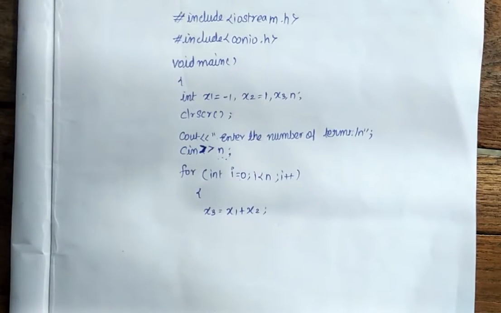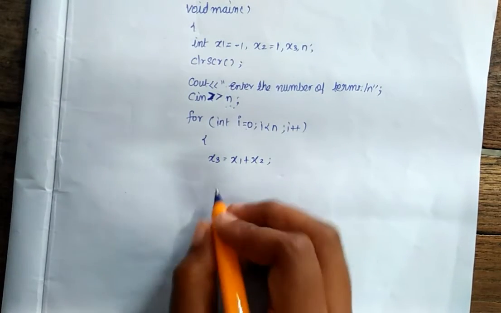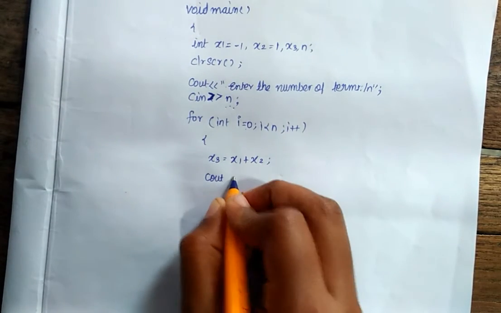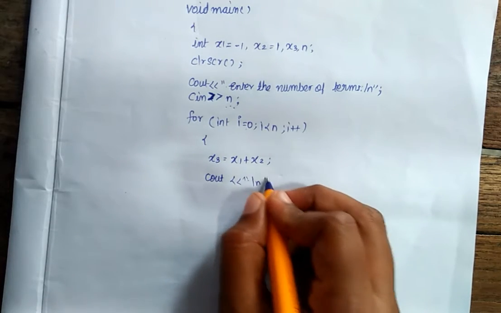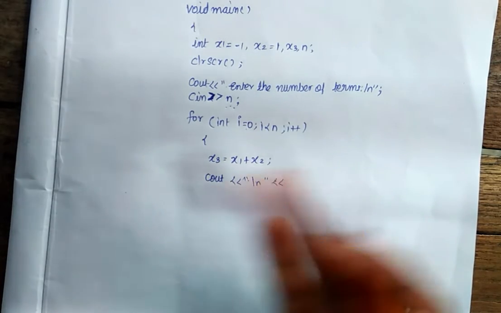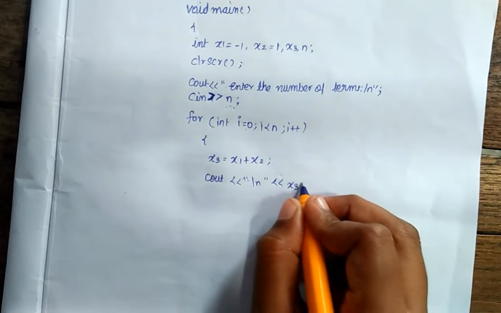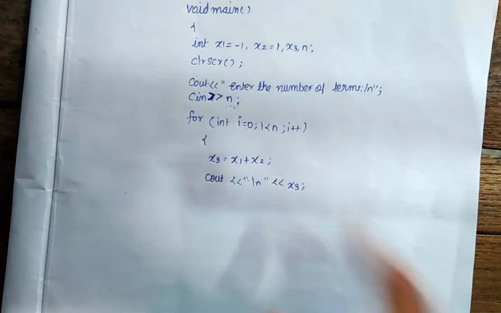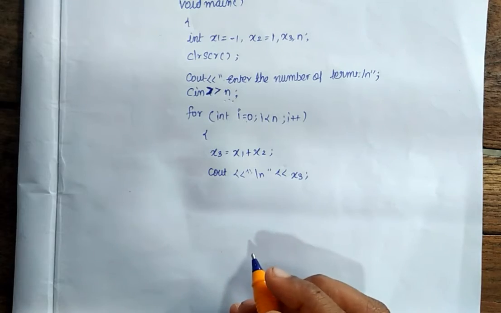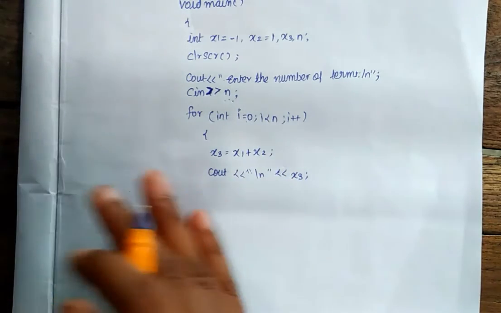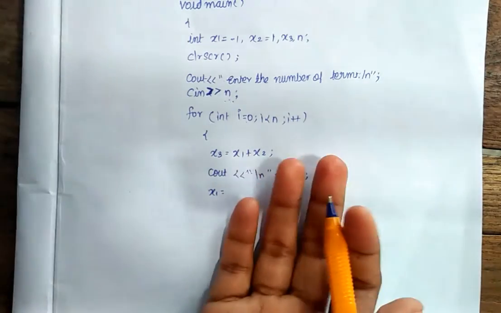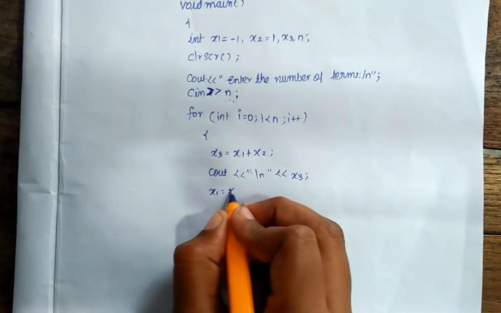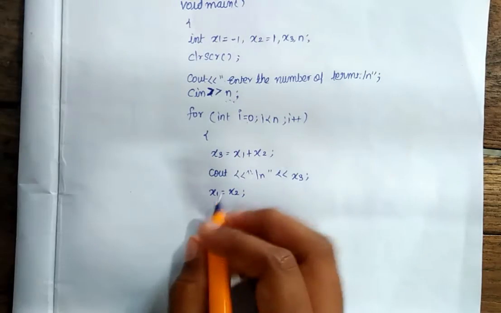So cout, we have to put a new line for this function. Then the x3 value can be printed in the output. Then you swap: x1 is equal to x2 and x2 is equal to x3, swapping means giving the x2 value to x1 and the x3 value to x2.